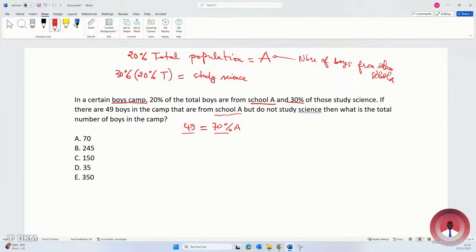Then what is the total number of boys? So the total number of boys, I'll call it T, is equal to 20% of the students from school A and 80% from the rest.